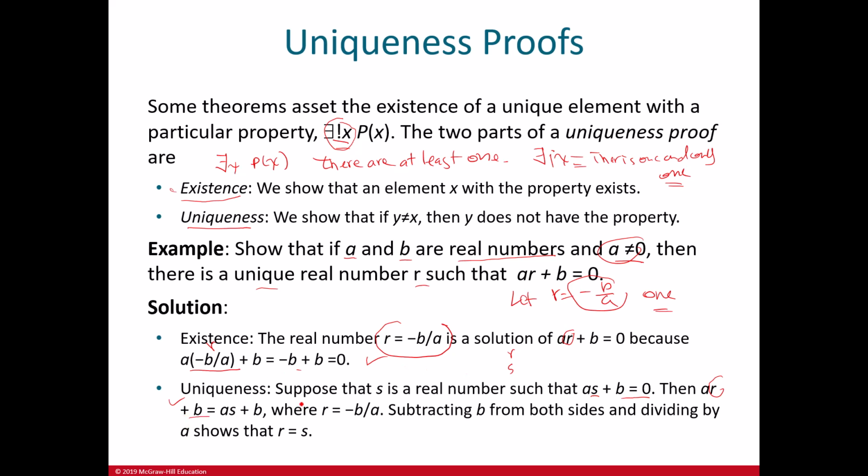When we add both sides of the equation and simplify, we cancel out and get R equal to S. So what does that mean? It means there is only one such solution, and R and S are just two names for the same thing.